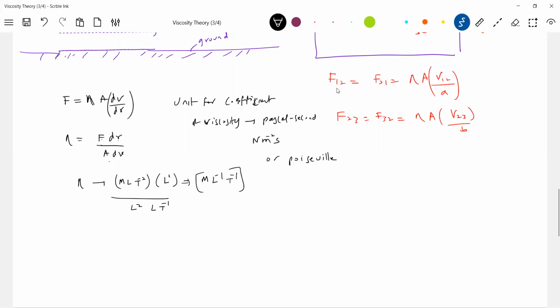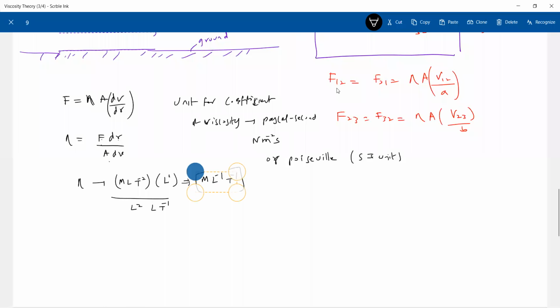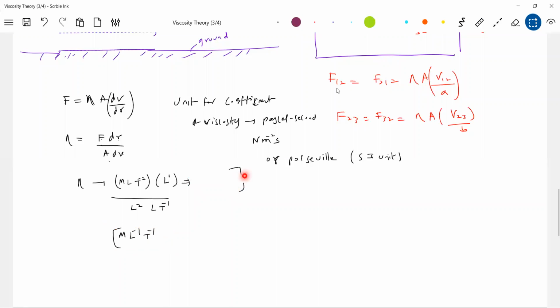Poiseuille is also an SI unit. So the coefficient of viscosity can be expressed in terms of Poiseuille. Rather than this, the more popular unit is the poise. This is the dimension, and this is the SI unit: Pascal second or Poiseuille, either of these. So what is the CGS unit? Poise.